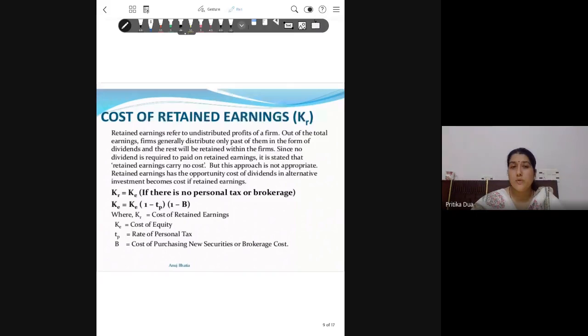The answer to this is that retained earnings also involve cost, because as I told you earlier also, if the company is retaining the earnings, not distributing dividend to the equity shareholders, they expect future income from the firm in the form of capital appreciation of their shares. Capital appreciation means increase in the market price of the share, higher dividends in the future.